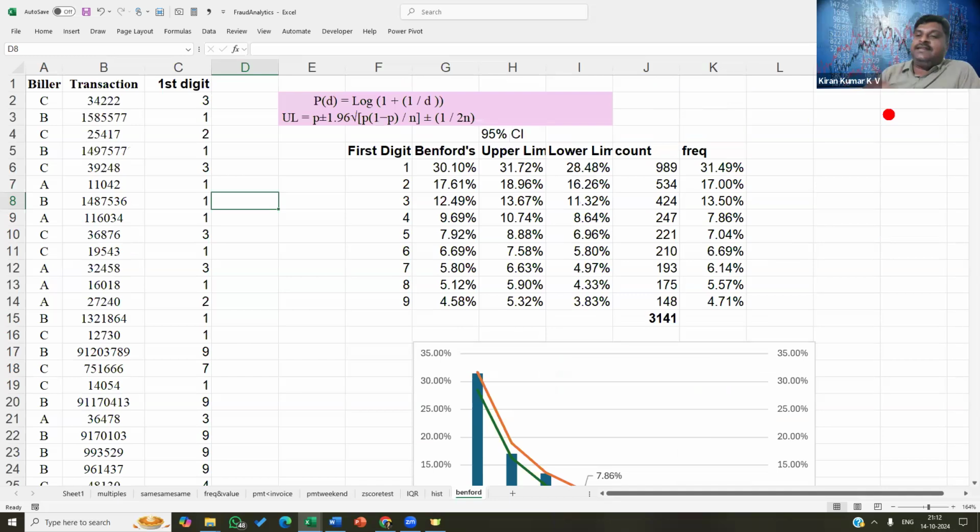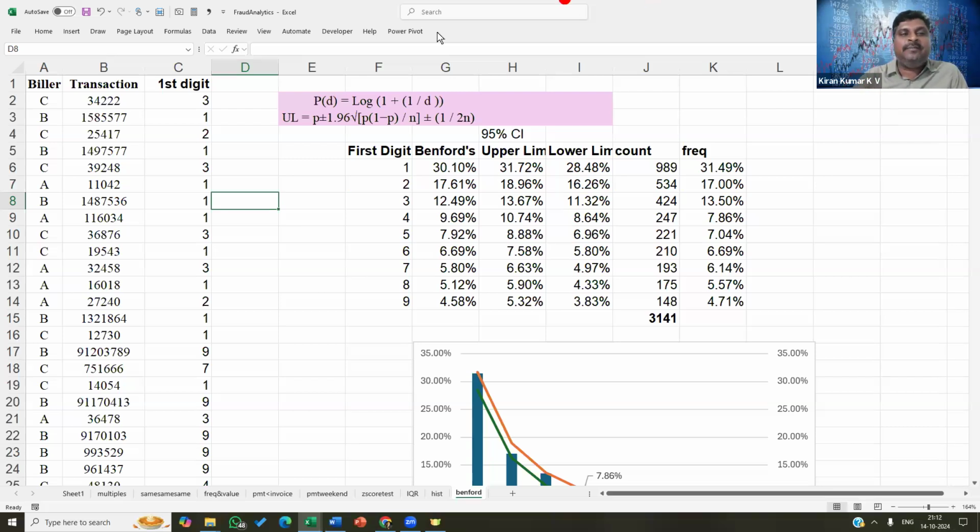Benford's law has been backtested multiple times, and I myself have tried it on, say, world population data. It's very easy. You can download the world population data and work on it, or world GDP data, or any random number that you generate. Benford's law always works. I don't know how it works, but mathematically it's a possibility, and you see that result here also.